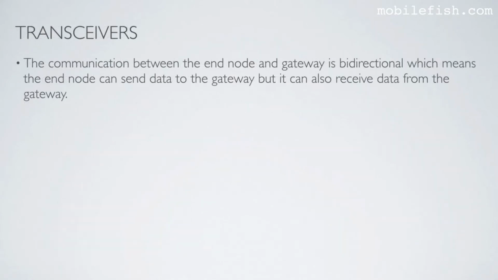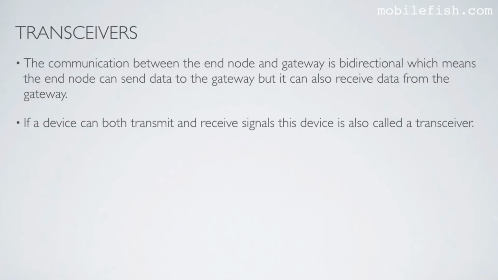The communication between the end node and gateway is bidirectional, which means the end node can send data to the gateway, but it can also receive data from the gateway. If a device can both transmit and receive signals, this device is also called a transceiver. LoRa end nodes and gateways are transceivers.